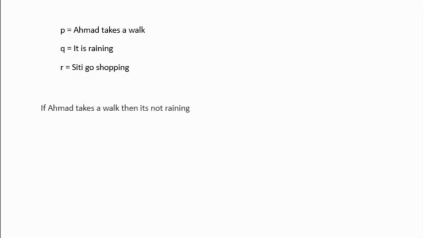So, if Ahmad takes a walk, then it is not raining. This is P implies not Q, and we will state that this is premise 1. Secondly, the argument is if it is not raining, then Siti will go shopping.